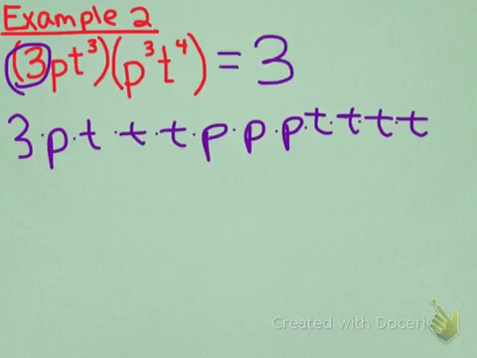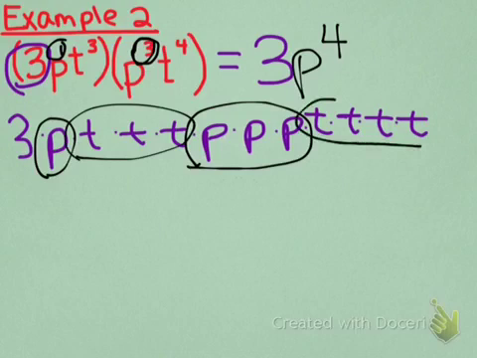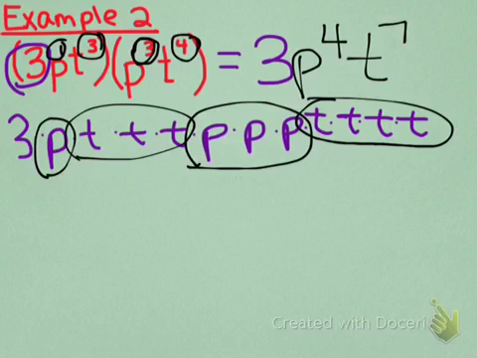Now here's the part where some people get confused. P times p times p times p is p to the 4th power. So if you're adding exponents, you had this 3 here, you might also want to remember to write in the 1 because there is one p there. So 1 plus 3 is 4. And then for the t's, you have 1, 2, 3, 4, 5, 6, 7, t to the 7th power. And again, you could add the exponents, 3 plus 4.